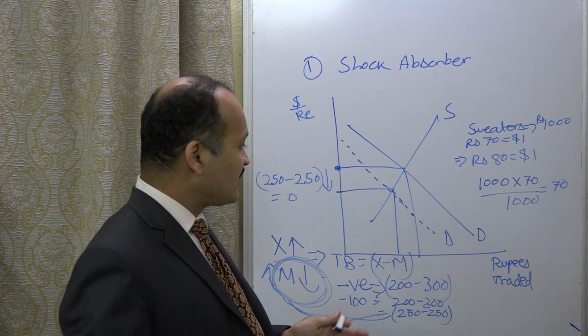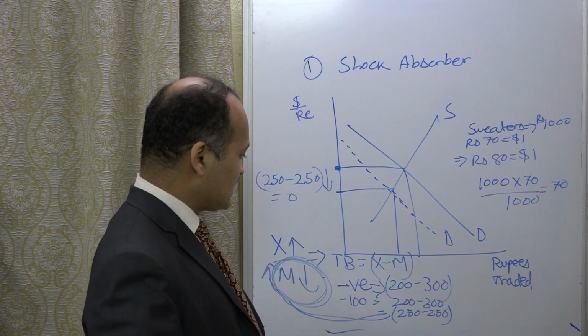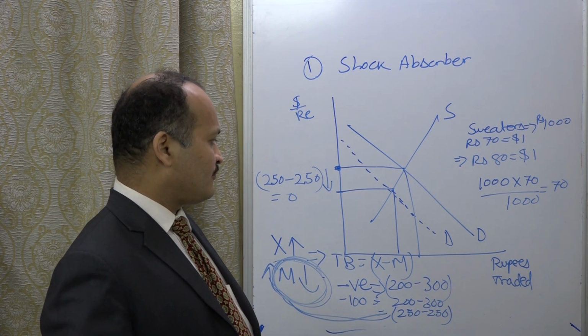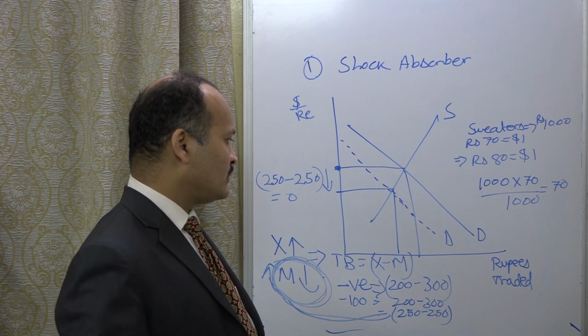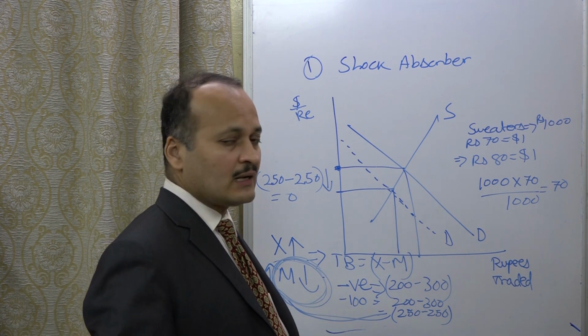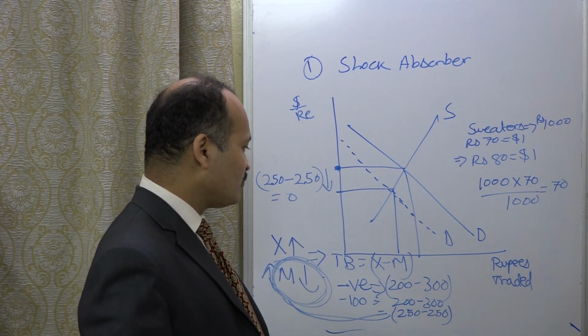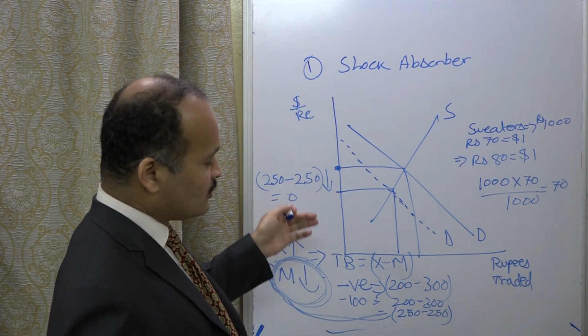So, just to summarize what we discussed about exchange rates, we began with a framework to understand how exchange rates are decided. We use the demand and supply framework. We consider two scenarios.